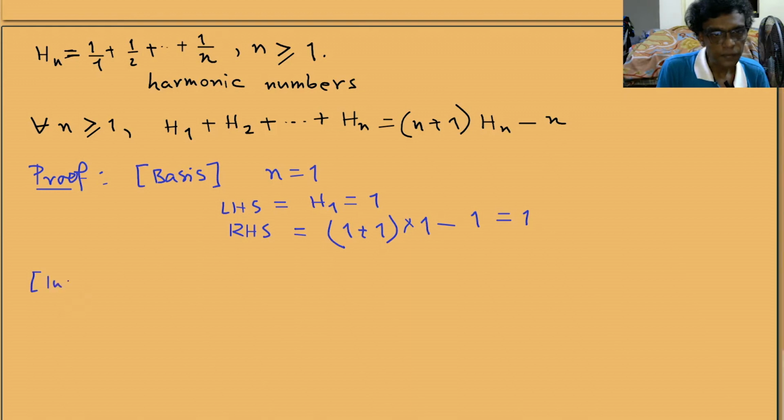And in the inductive step, we assume that this is true for some n greater than or equal to 1, then I will prove it for n plus 1.